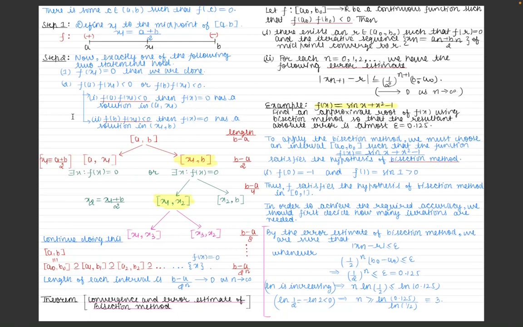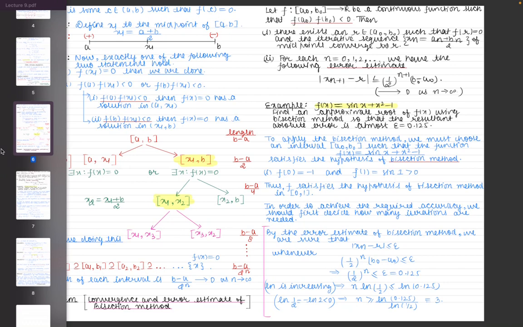So I will write the theorem now. This is the idea. Theorem: convergence and error estimate of bisection method.